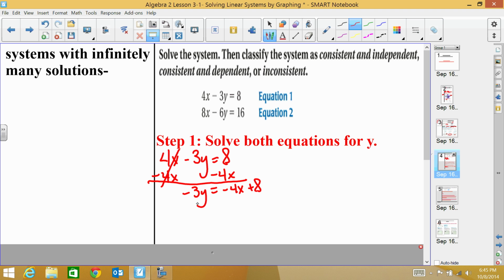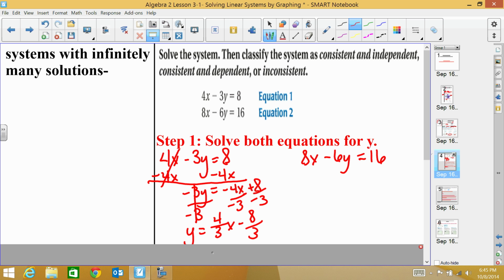I'm still trying to get y by itself, so I need to divide by negative 3. So I get y equals positive 4 thirds x minus 8 thirds. So I got lots of fractions. That's okay. Then my second equation is 8x minus 6y equals 16.